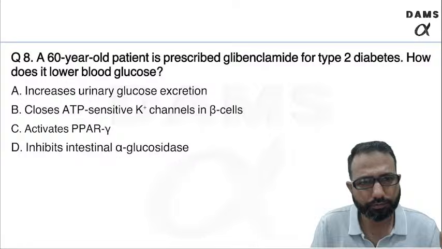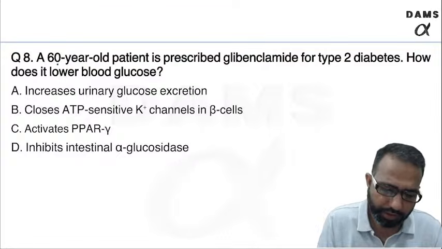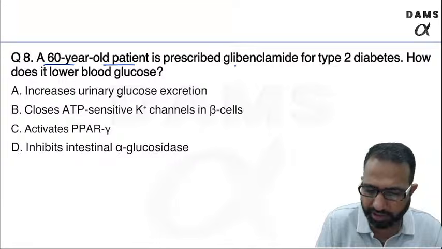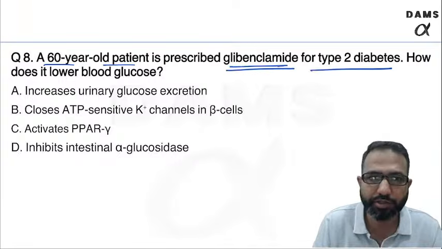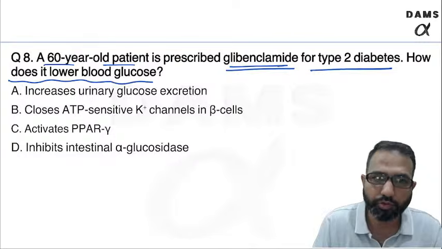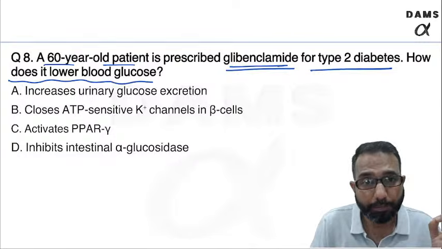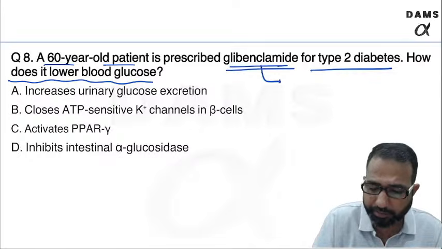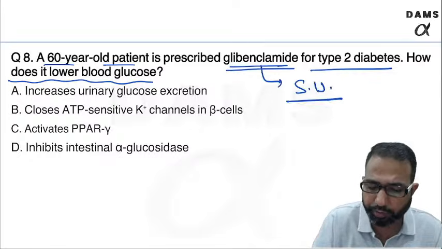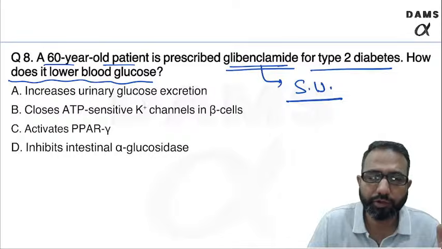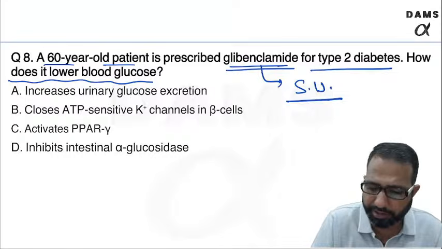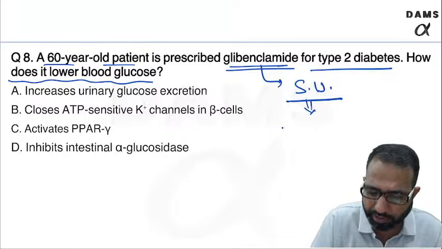Okay. Let's see the next question. A 60-year-old patient is prescribed glibenclamide for type 2 diabetes. How does it lower the blood glucose? Glibenclamide is one of the sulfonylurea drugs. Sulfonylureas target the ATP sensitive potassium channel.